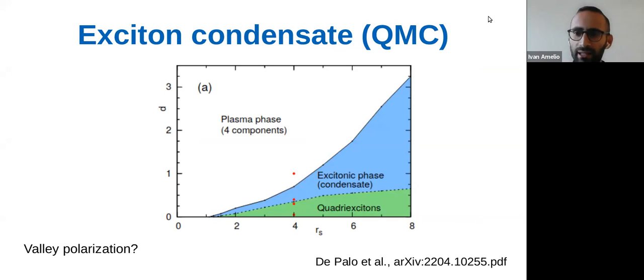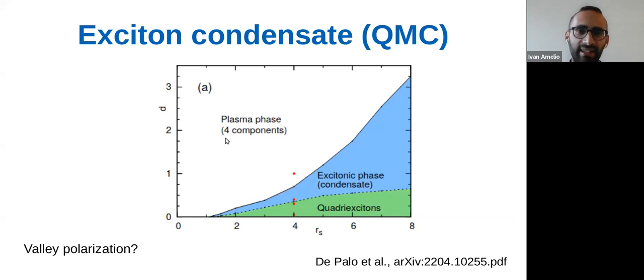So also one can look at more refined phase diagrams, like those given by diffusion Quantum Monte Carlo, and one will see that the excitonic condensate phase is not omnipresent.